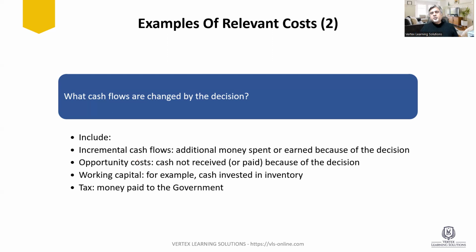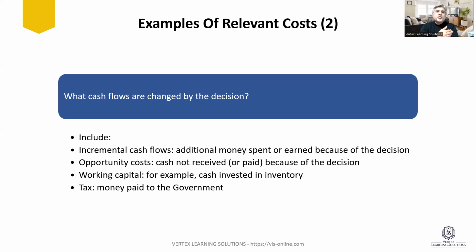So you are going to invest or spend $500,000 cash out of your pocket. But the relevant cash flow for this particular investment is 600,000. 500,000 is the money which you are going to spend, and $100,000 is the opportunity cost.